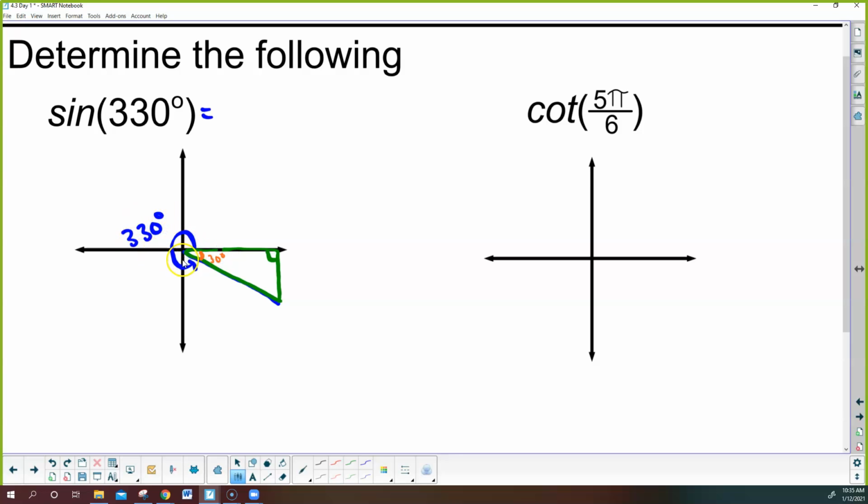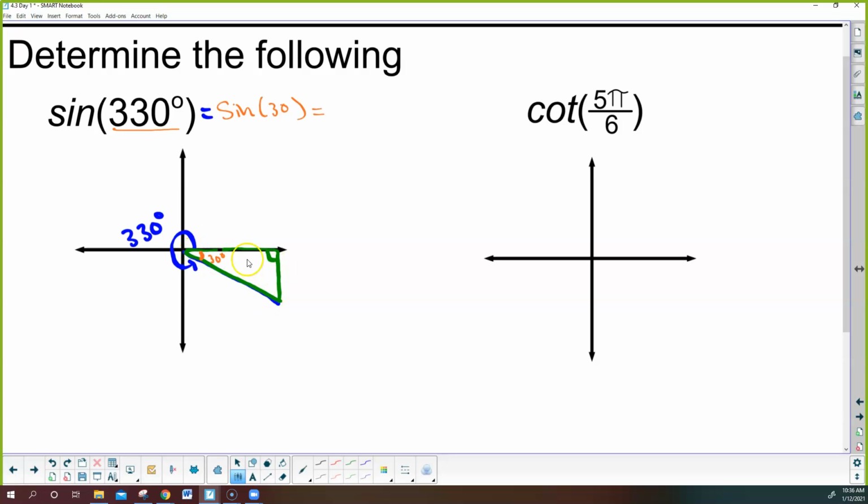Because 330 plus 30 gets me all the way back around to 360. Well, look at what kind of triangle this is. 30, 60, 90. And we know that if I want to evaluate sine of 330, that is equal to the same ratio as the sine of 30.